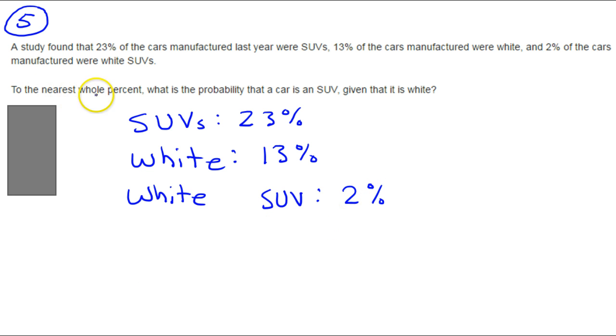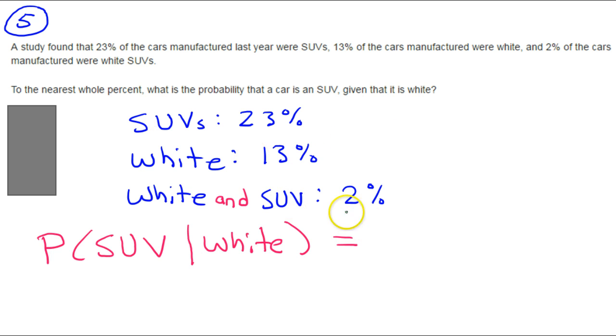To the nearest whole percent, what is the probability that a car is an SUV given that it is white? Alright, so we're given all this information and we're being asked to find the probability of randomly picking an SUV given that it is white.